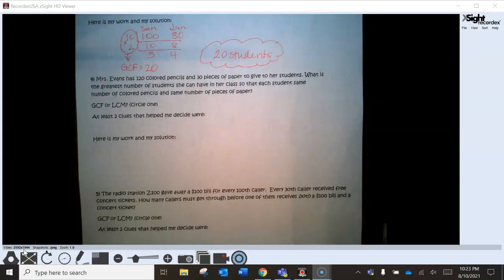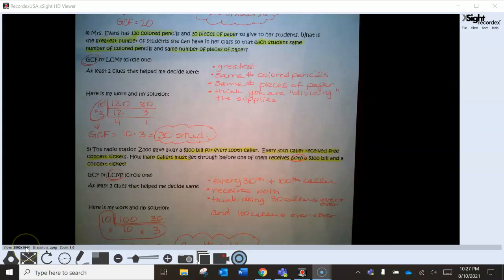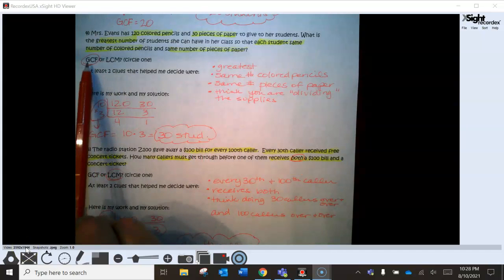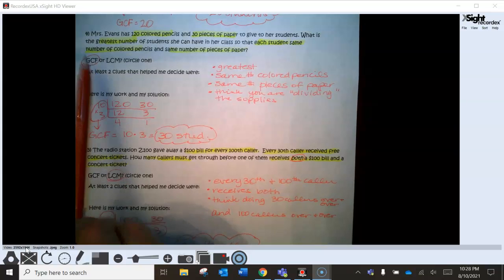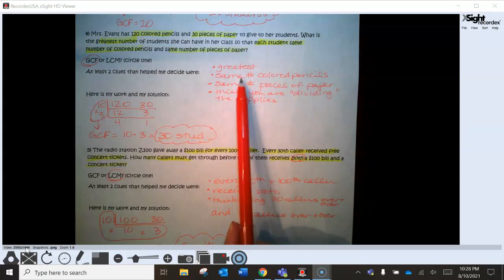All right, I'm going to have you work on the next 2 by yourself. Come back and check them when you're done. Okay, let's take a look at number 4. I hope you chose the GCF because Ms. Stevens is looking for the greatest number of students she can have in the class and give them the same number of colored pencils and the same number of paper.